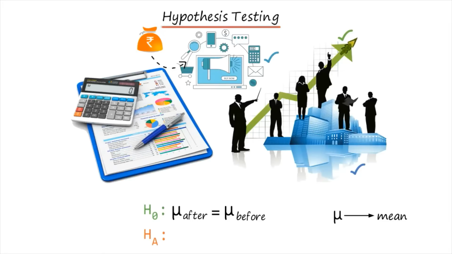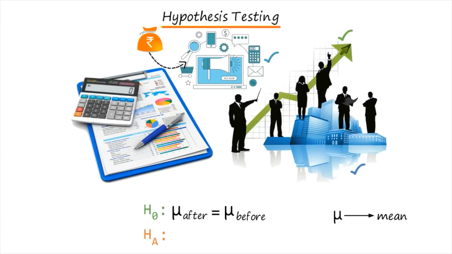So the meaning of this line is the mean sales is the same before and after spending more on advertising. So what is our null hypothesis? We believe that our mean sales is the same before and after spending more on advertising for the certain company.